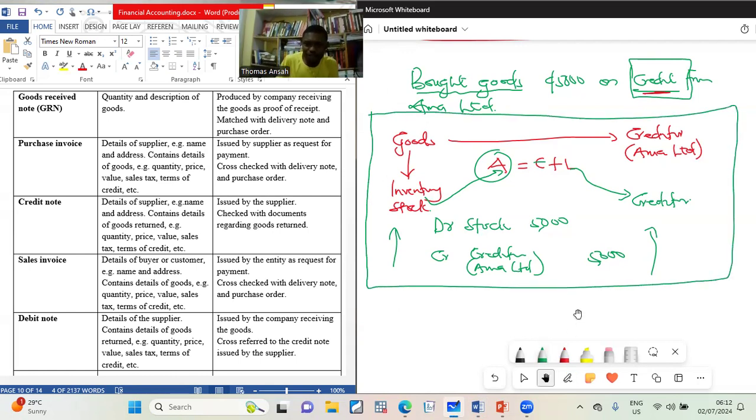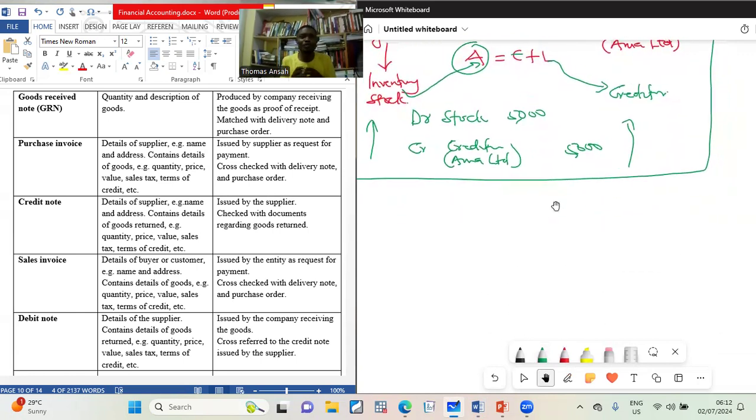But for Ama Limited, what she has is somebody who owes her. That is we, the company, owing her. So in her books, it is called receivables. In our books, it is called payable, creditor. In her books, it will be called receivable. So she wants to collect money from us. She has the right to receive money from us.